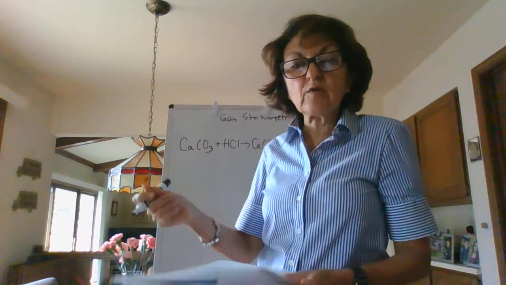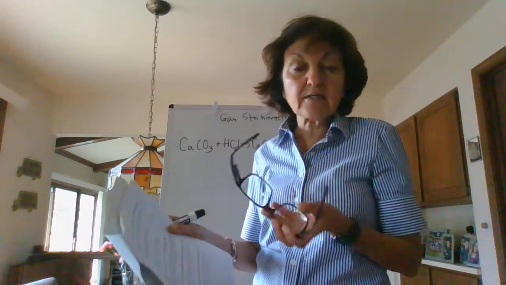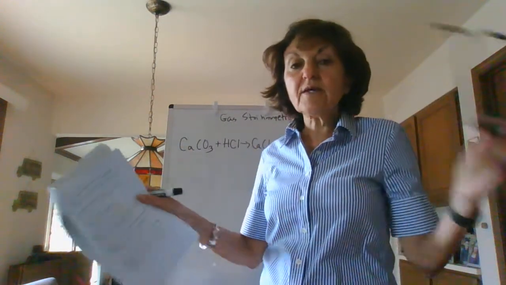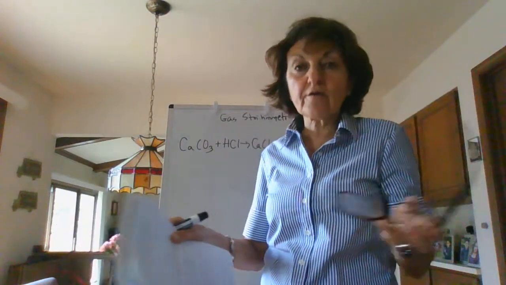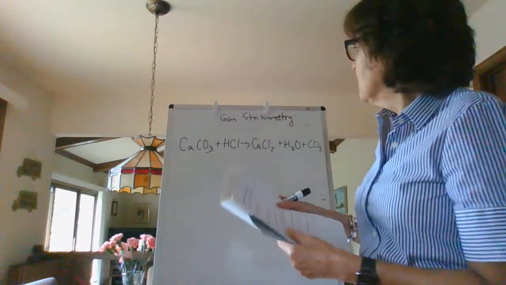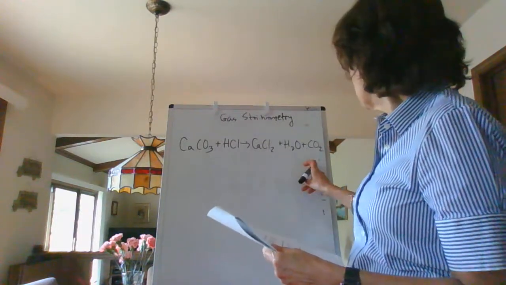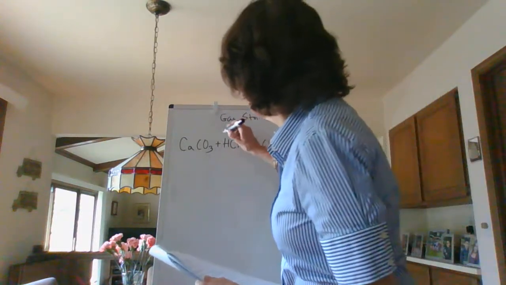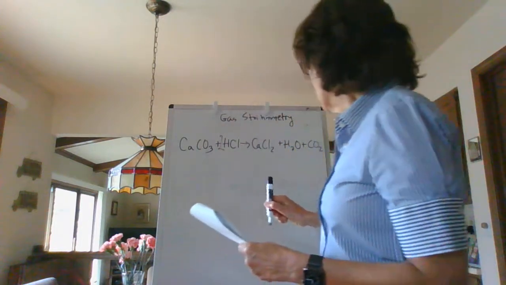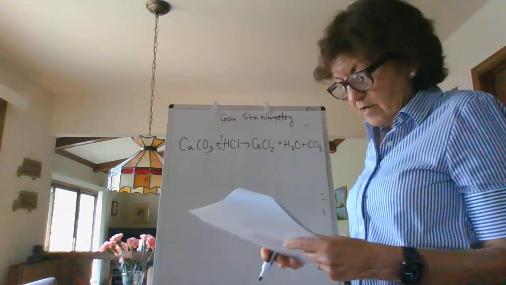Remember how I told you that when you get carbonic acid as a product, it always breaks down to form water and carbon dioxide. So you get that. And we're going to balance the equation. We'll put a 2 here. And I think we are good.